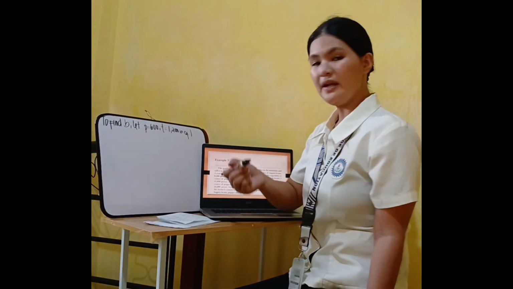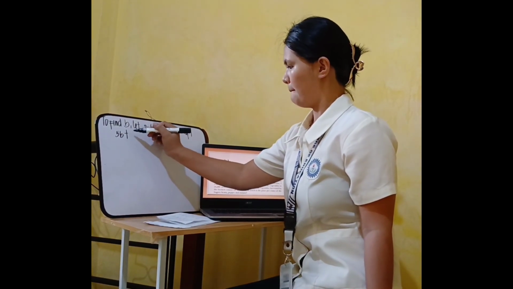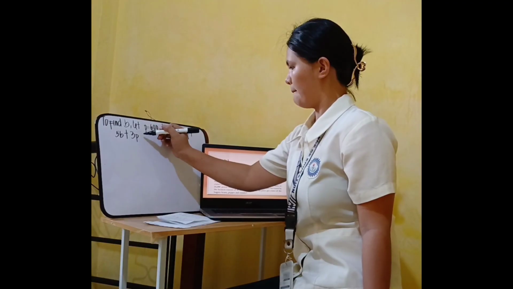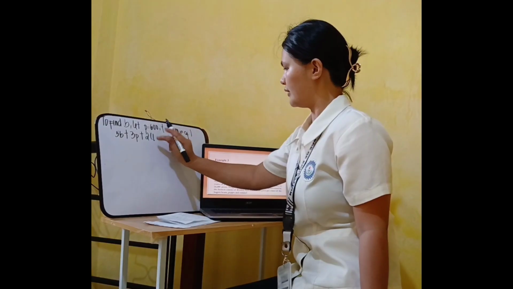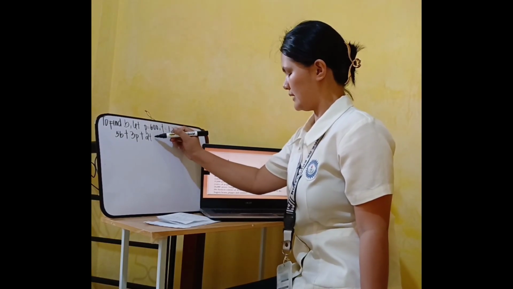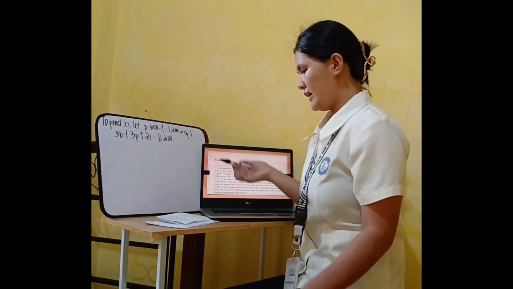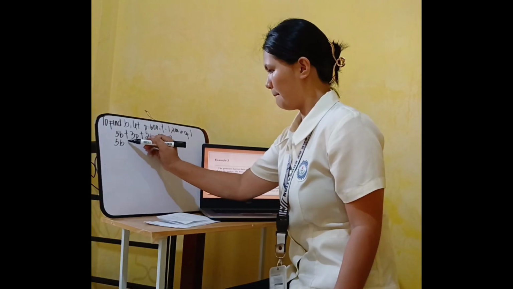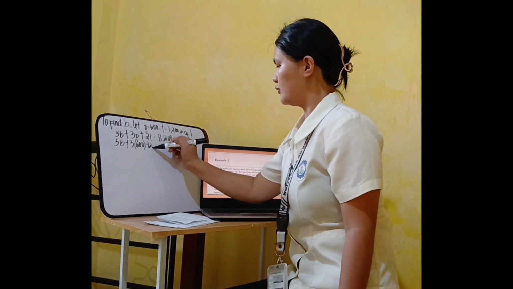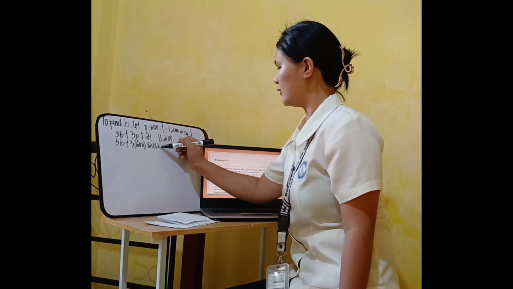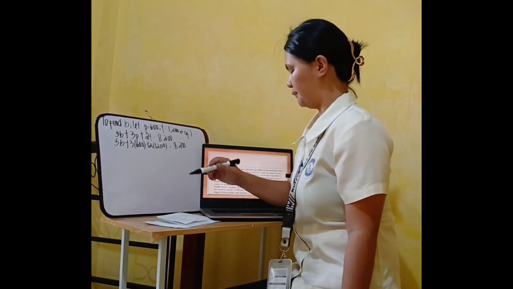So what is our equation 1? Let's rewrite equation 1, which is 5B plus 3P plus 2T is equal to 8,200. So, next step, copy the 5B plus 3, substitute the value of P, 600, plus 2, substitute the value of T, 1,200, equal 8,200.